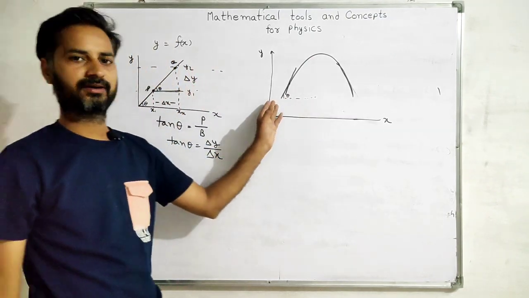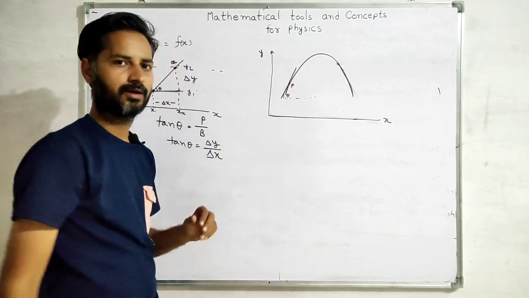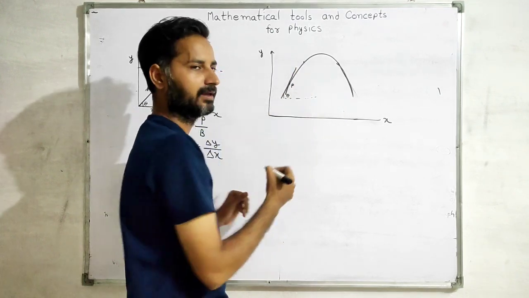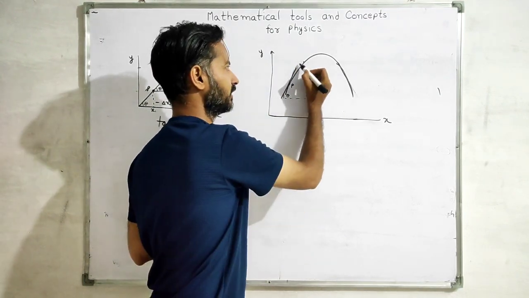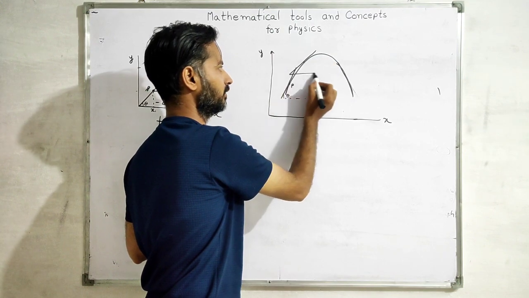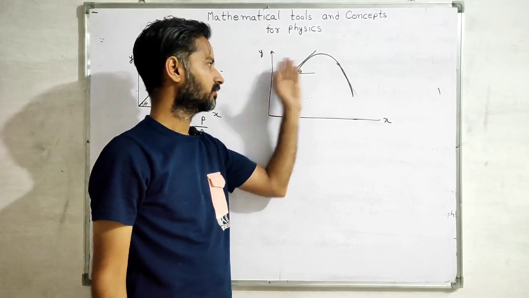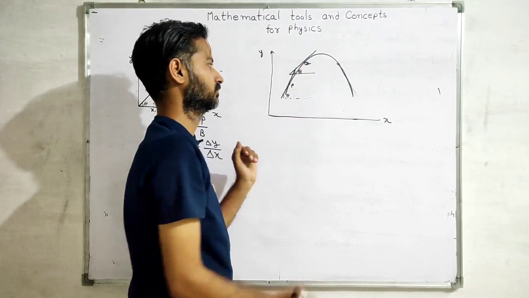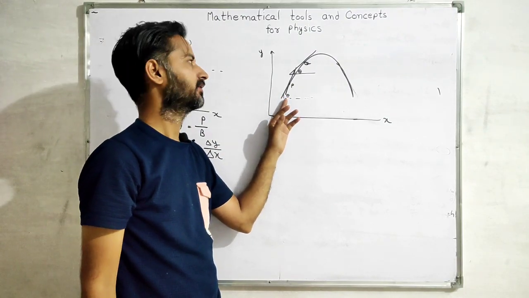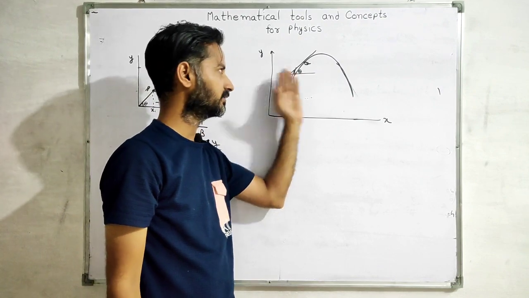So this tan theta will show the slope at that point P. If I want it here, then I can draw another tangent and this theta. So for the slope at point Q, as you can see, this theta is greater and this theta is smaller, so here the slope is greater than this.